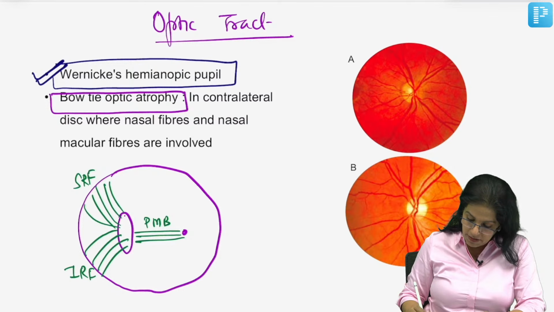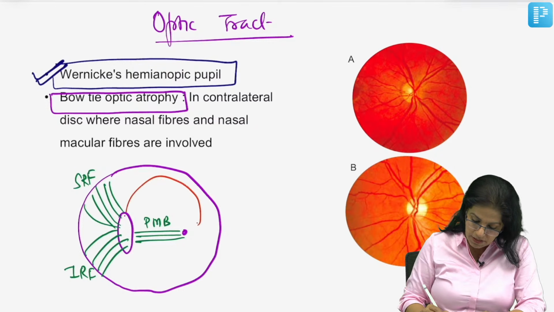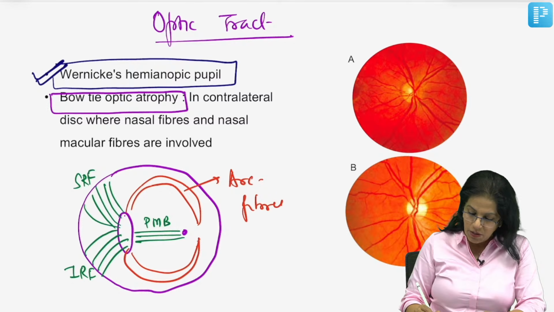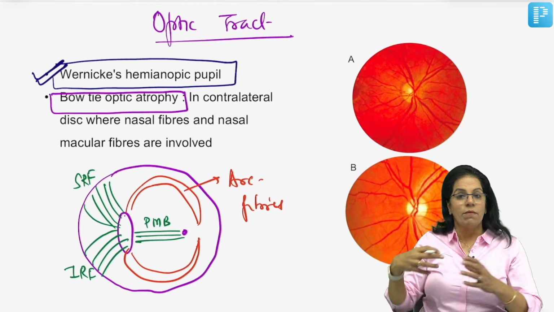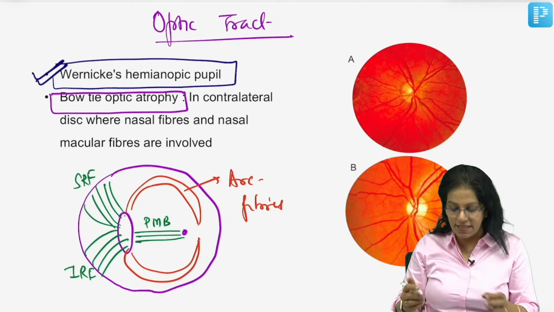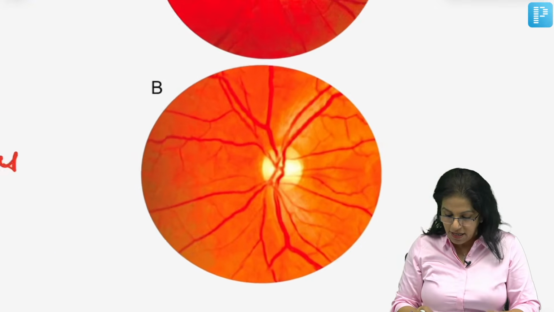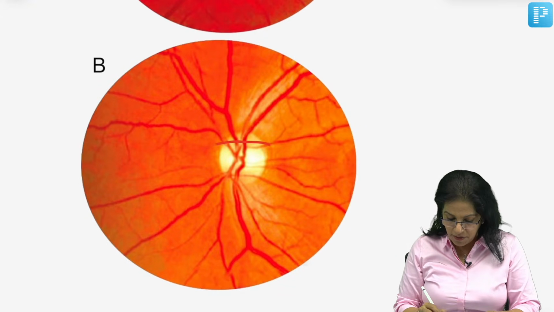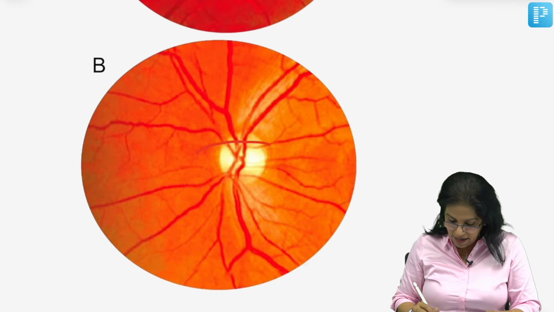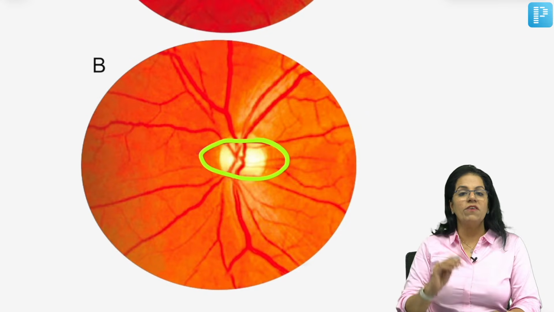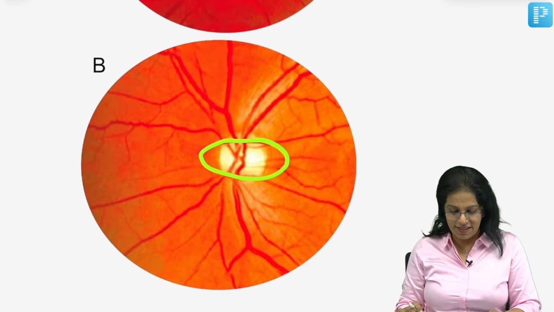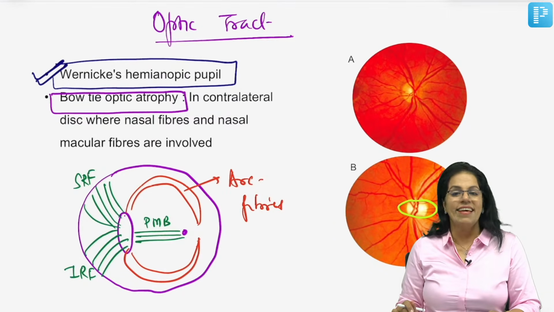The fibers from the temporal side curve around the macula, and these are arcuate fibers. Arcuate fibers of the temporal side enter the disc from above and below, but the nasal fibers are almost going straight. This is the reason for bow tie atrophy, because this is the part which is being affected here. So, this is a feature of optic tract lesion. Hope you understood this.